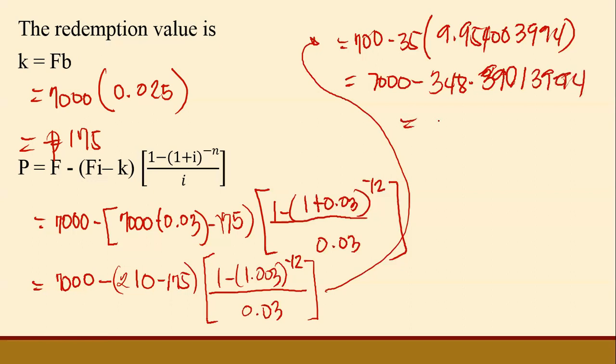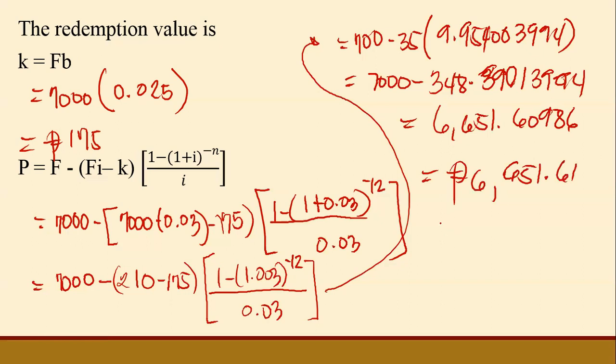And the difference is equal to 6,651.16986. Or this is equal to 6,651 pesos and 61 centavos. Okay? All right.